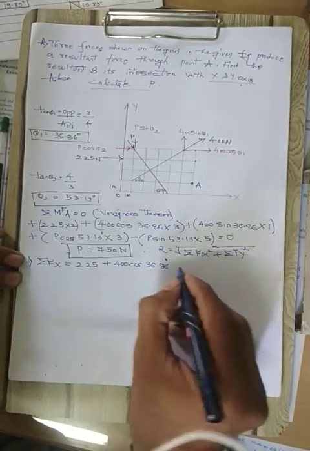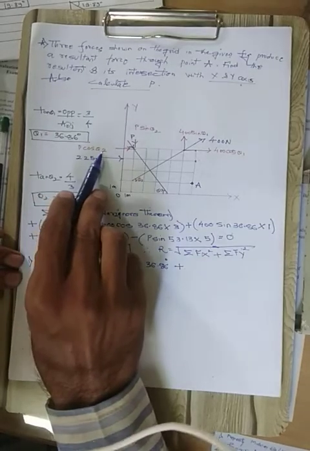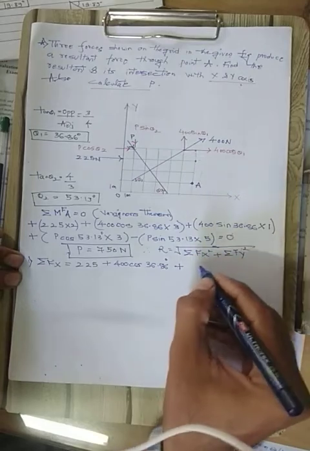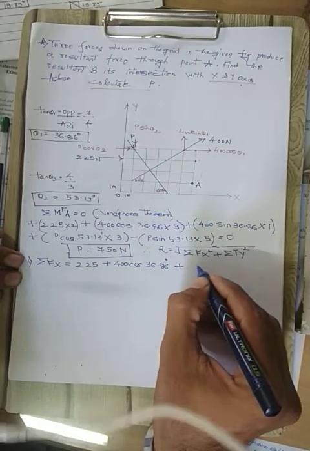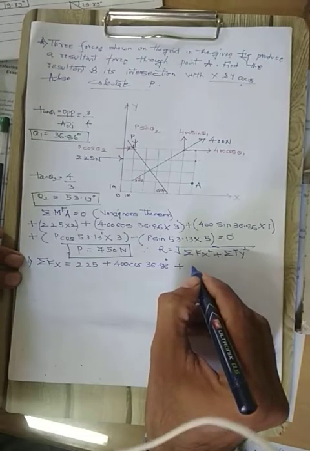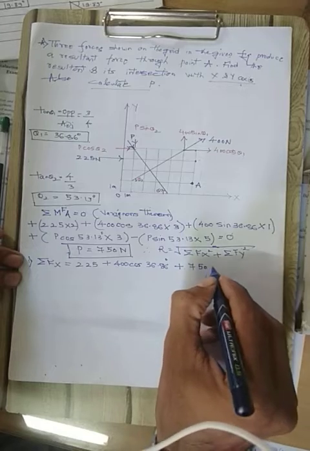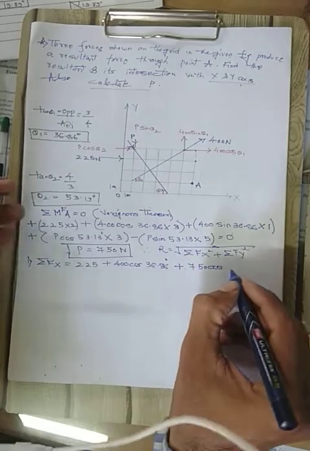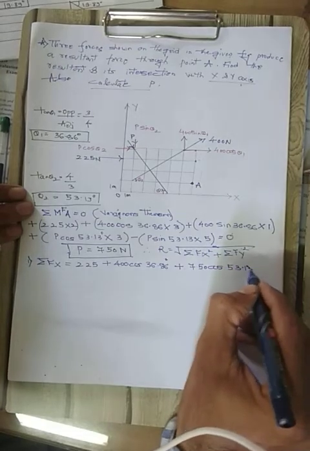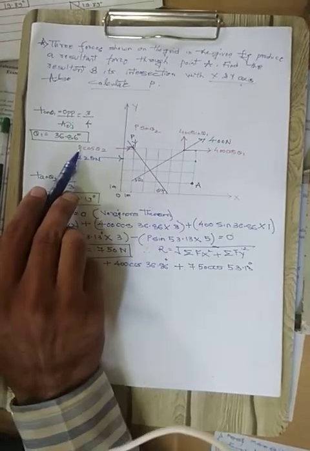Plus P, force P is P cos theta 2, again moving right side, so plus. What is the value of P? The P value is 750. So 750 cos of theta 2, 53.13.